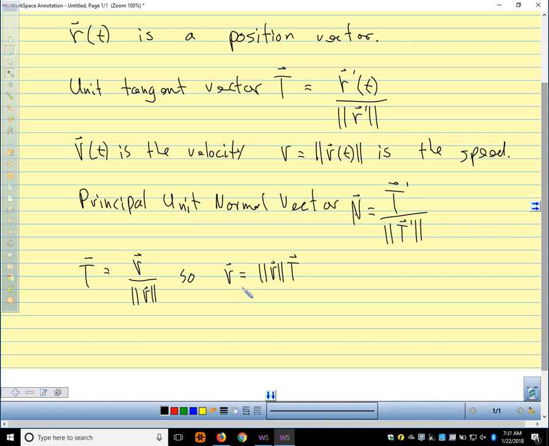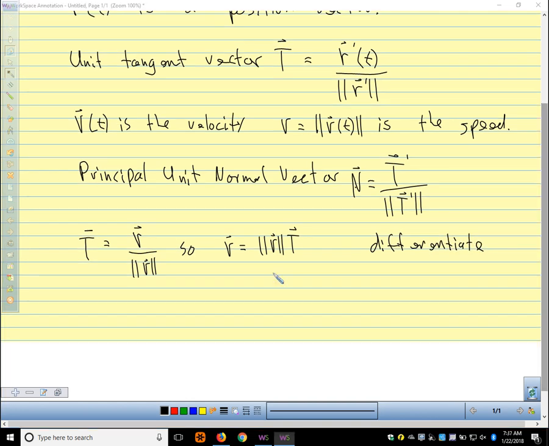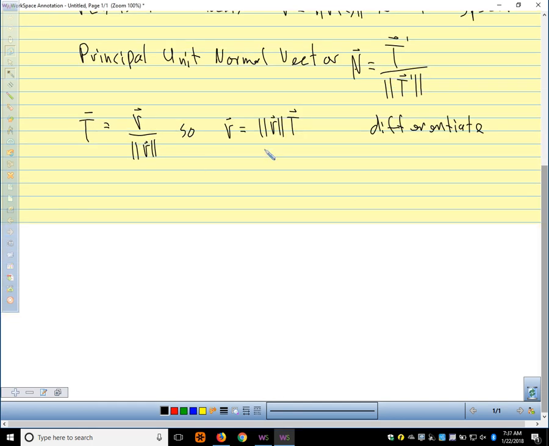Since we're looking at acceleration, and acceleration is the derivative of the velocity, we're going to differentiate. We need to use the product rule because the speed can vary in time and our unit tangent vector can vary in time.